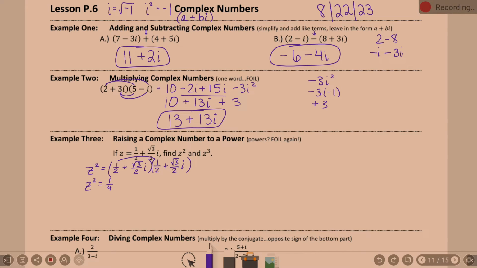We're getting the mistakes out of the way now. Outsides: 1/2 times square root of 3 over 2i, so 1 times square root of 3 over 2 times 2 times i. What's that going to make it? Square root of 3 over 4 and i.